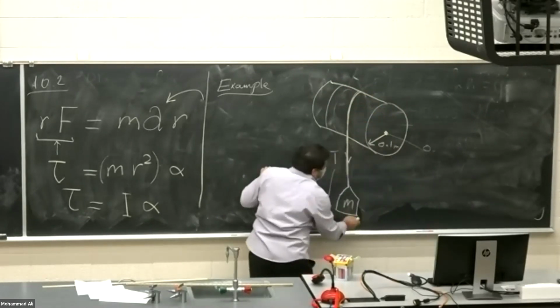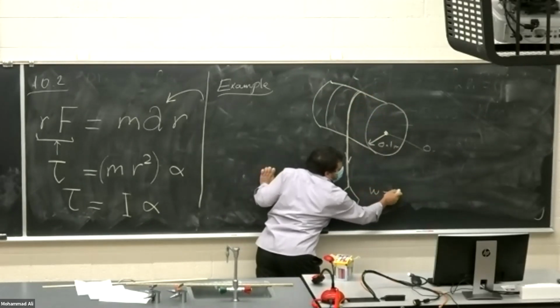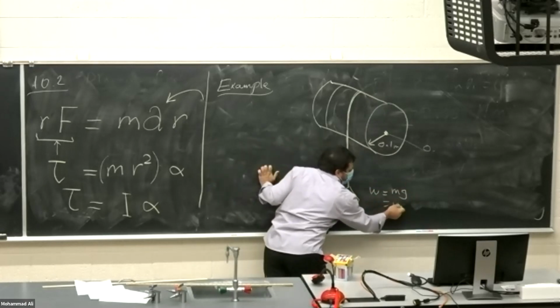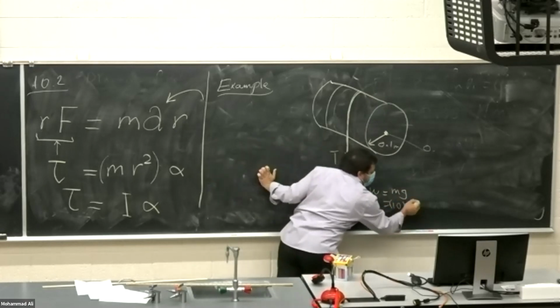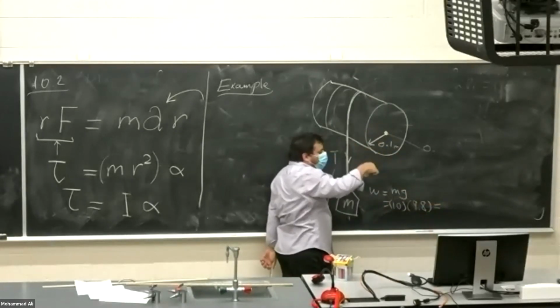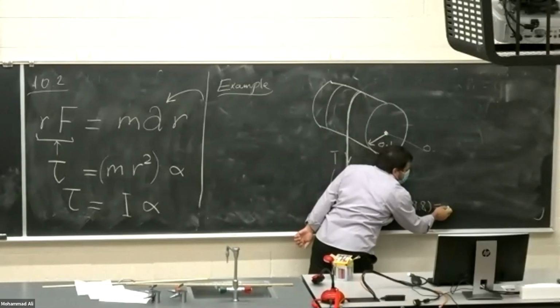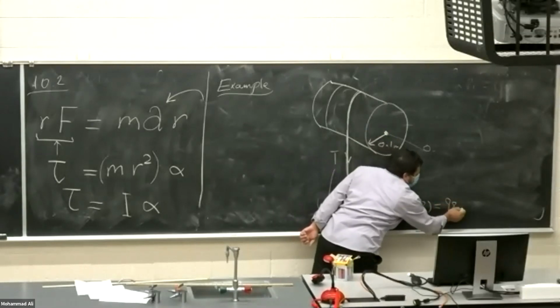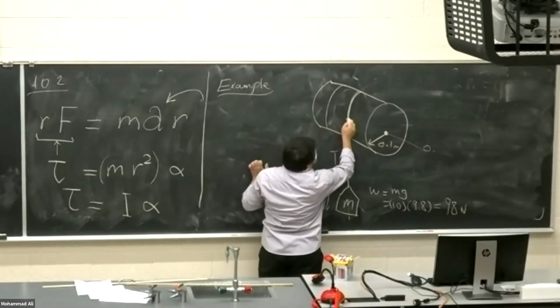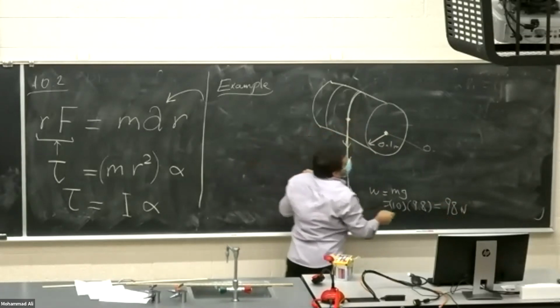The weight is equal to mg. M is given, it is 10 kilograms. G is 9.8. Now, the weight downward is 98 newtons. It is our force. So we have a force at this point acting downward.